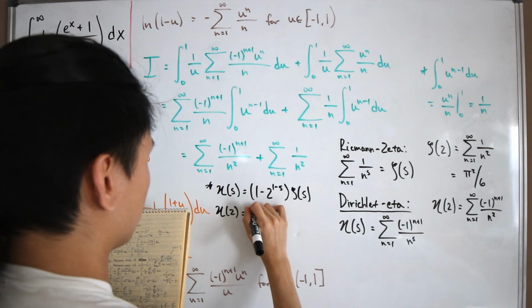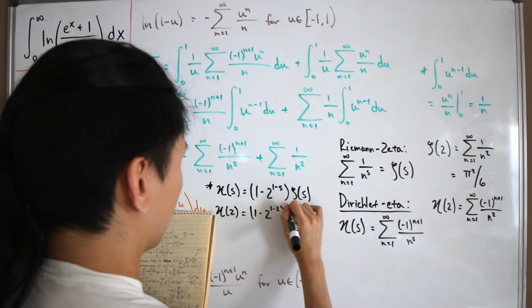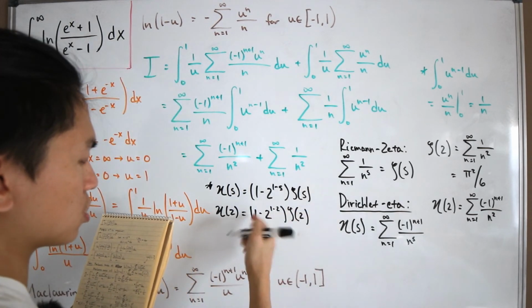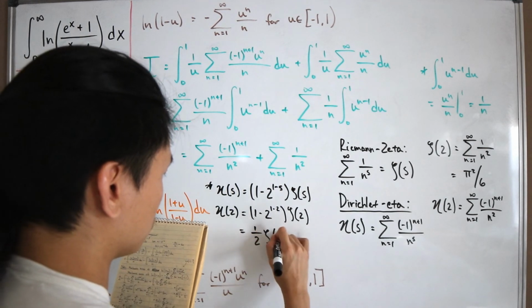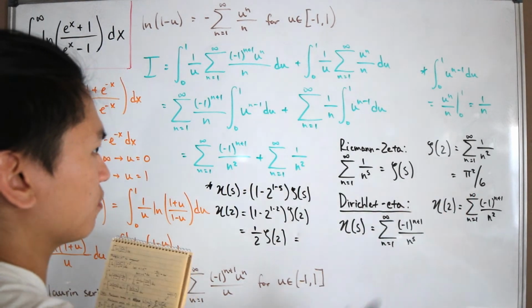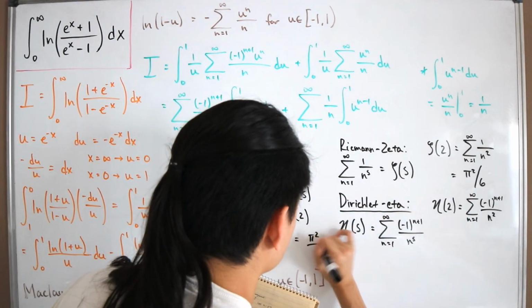This is just going to be 1 subtract 2 to the power 1 subtract 2, and then multiply with Riemann zeta 2. Then this just goes to 1 minus 1/2, and that's just 1/2 multiplied by Riemann zeta of 2. We know that Riemann zeta 2 is just the Basel problem, so put this back in for pi squared divided by 6. And so what that gives us is just pi squared divided by 12.